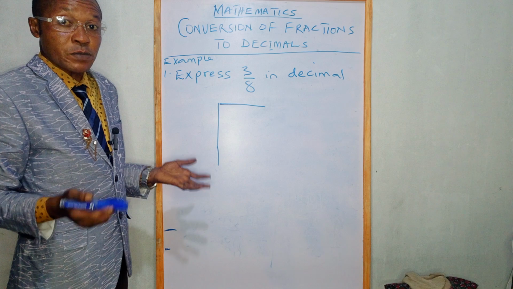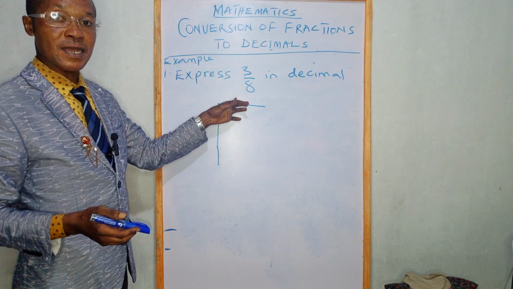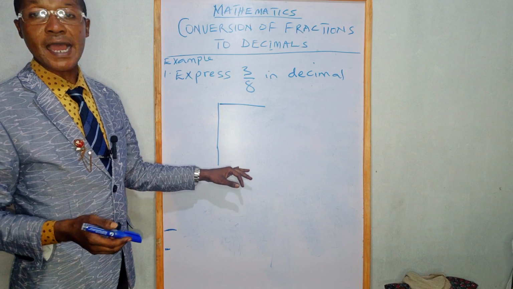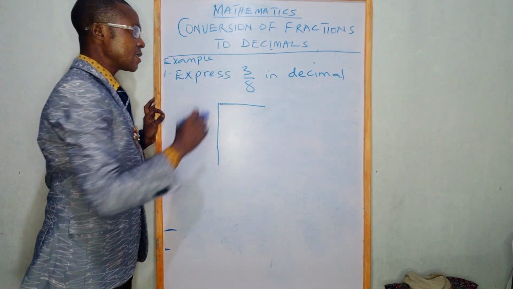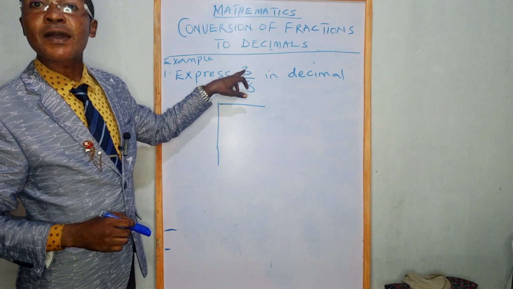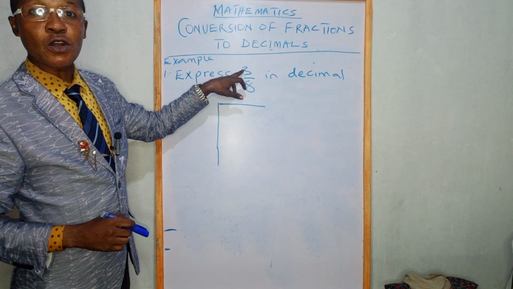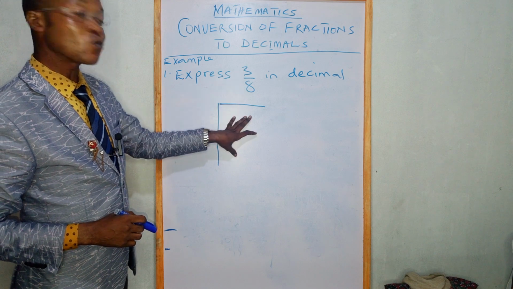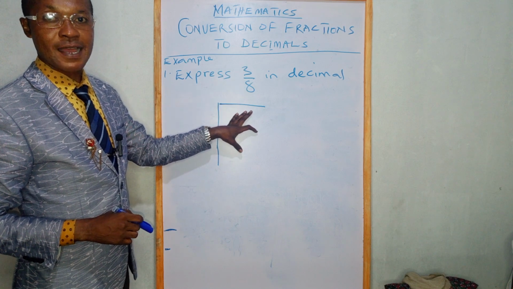For instance, in a two-storey building, the topmost floor is occupied by the landlord, the lower one by the tenants. So the 3 in this case, I liken to our landlord. No matter what happens, the landlord will always remain the landlord. The landlord will always occupy this building because he owns it by right.